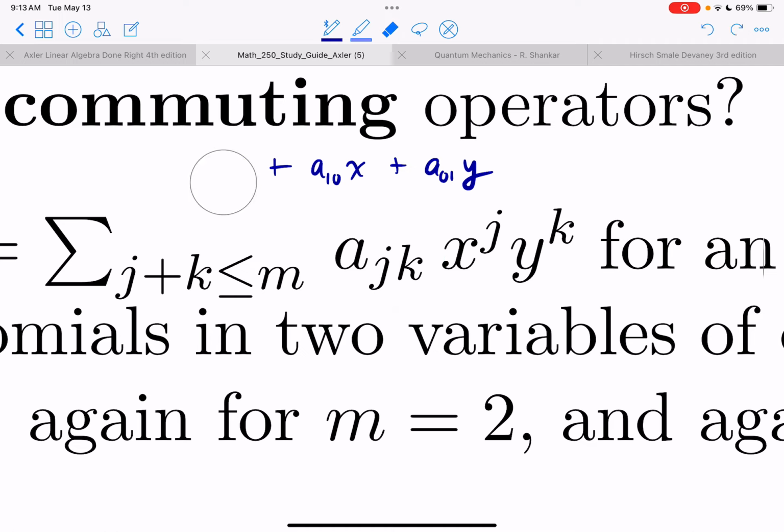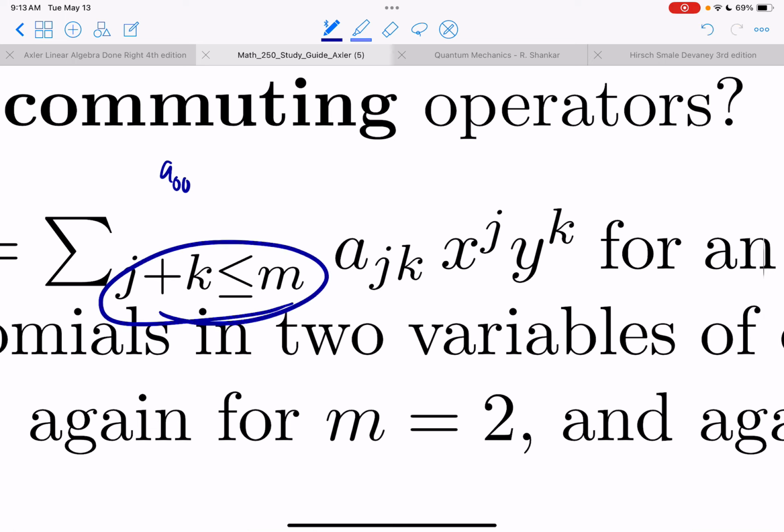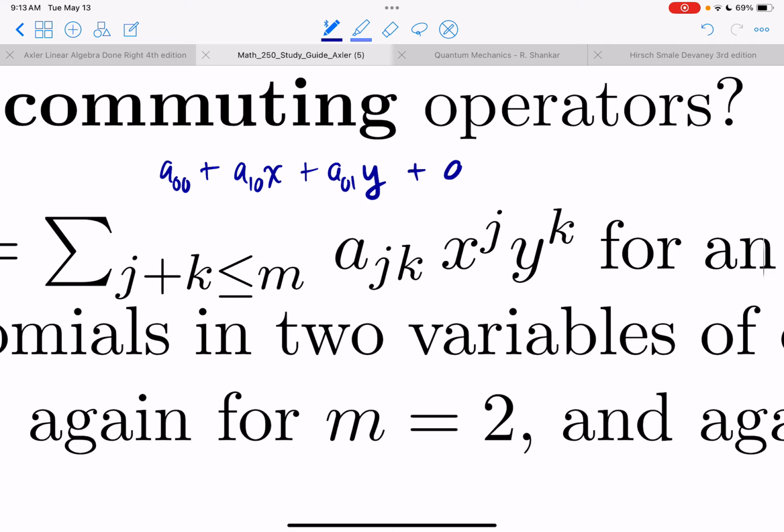All right. Now if we keep going up to 2, of course we have all the terms we had before, but now we can have more terms because we're allowed to go up to 2. So I'm going to get my constant term, my linear in x, my linear in y. Now my quadratic in x. Now my mixed quadratic term, one x and one y together, and then my quadratic in y.